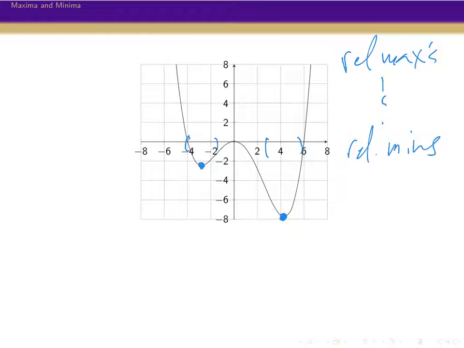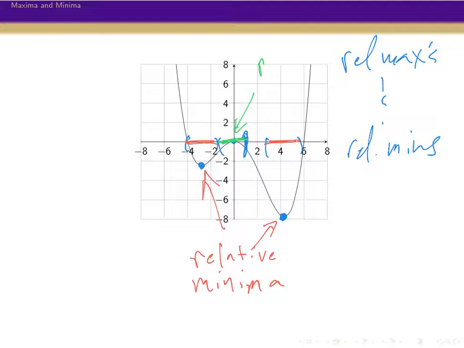They are the lowest point of the function on those subintervals right there. And so that makes both of these points relative minimums. And since minimum comes from Latin, its plural is minima. On the other hand, if we take this point right here, we can make a little interval around it and see that it is the highest point on its interval. And so that makes this point right here a relative max.